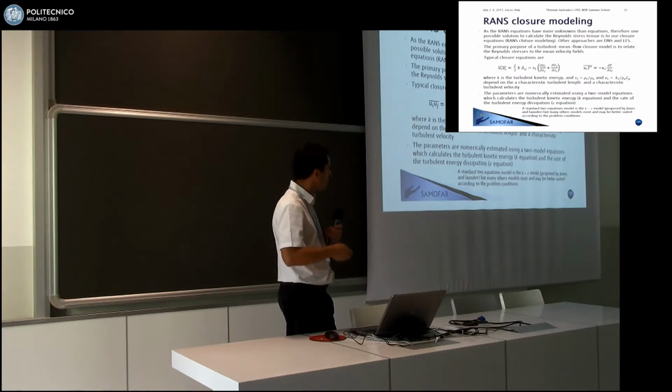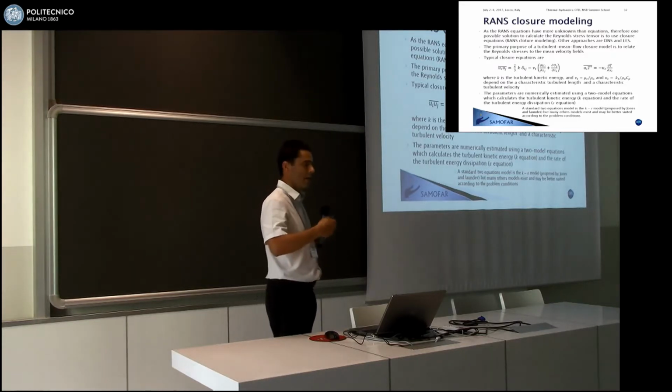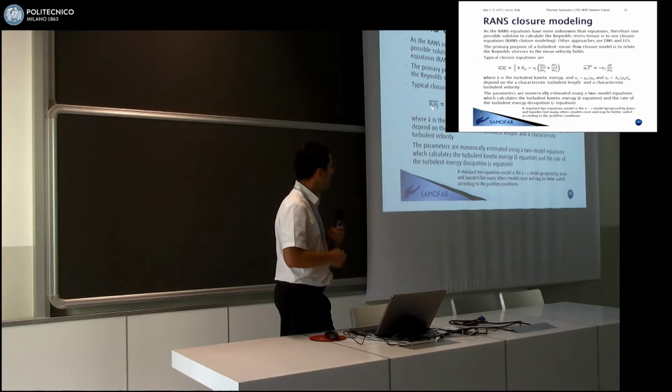Well, when people developed this RANS method, RANS meaning Reynolds-averaged Navier-Stokes equations, they decided to link the stress tensor to some average values in the fluid. Here, for instance, this is the strain rate tensor, but calculated with the average velocity. So we know how to do this. This comes from the equation.